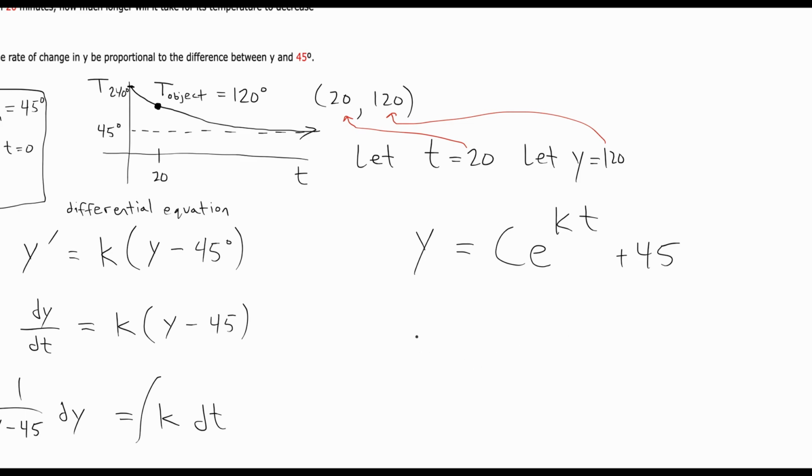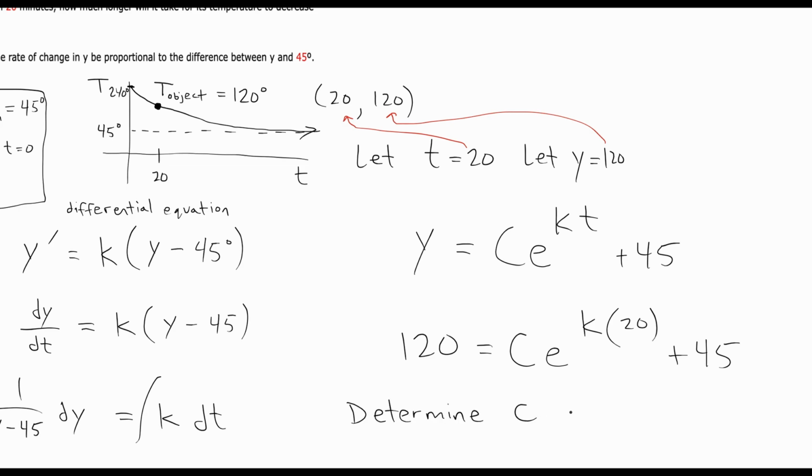So let's let y be 120, let t be 20, and we have to determine both C and k. So we can't do it just with that data point alone. We also have to use our initial data point that we're going to start at (0, 240).